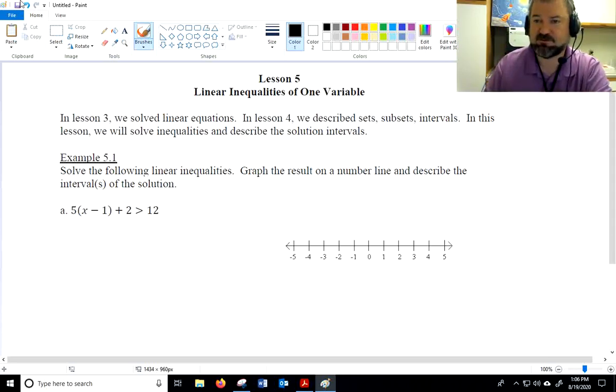All right, well, let's get to this first one. What I'm going to do is use the distributive property here. Okay, and then I'll just combine like terms.